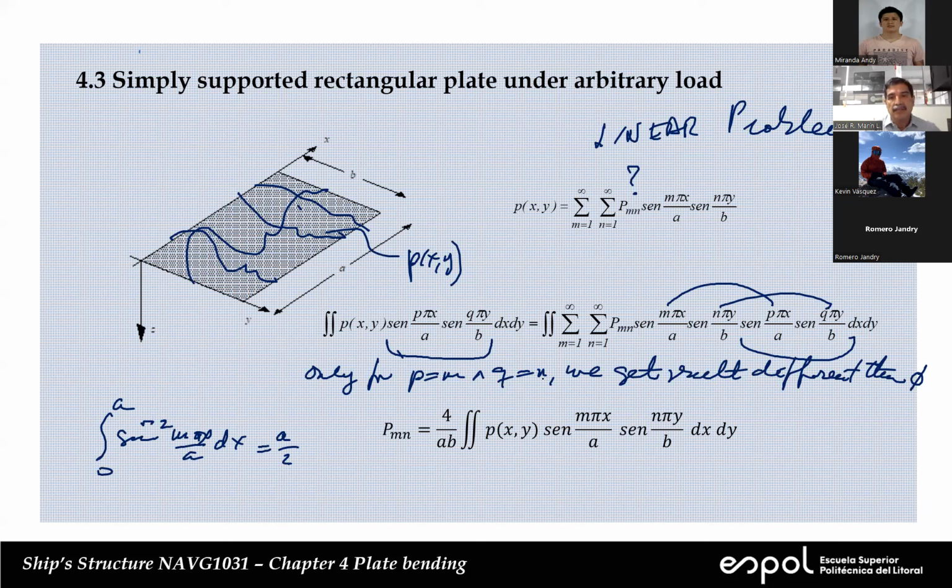Okay, and if you put this on the right hand side, this is the result. Okay, so this is the expression that we were looking for. Pmn can be calculated in this way.